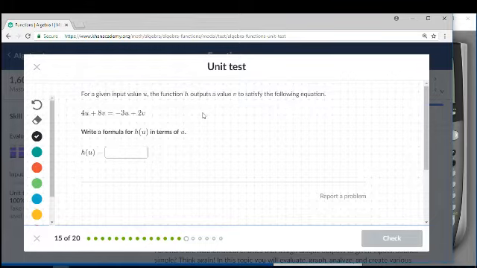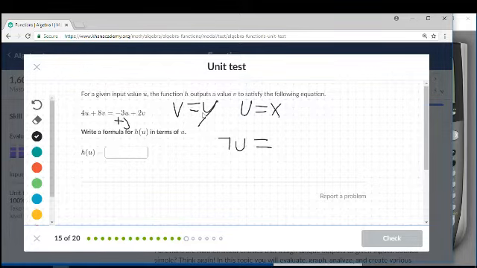So h of u in terms of u, that means v is y and u is x. Let's get this all on one side. We will have 7u equal to, add 3, add 3u, subtract 8v from each side.